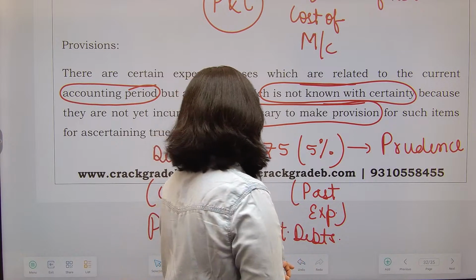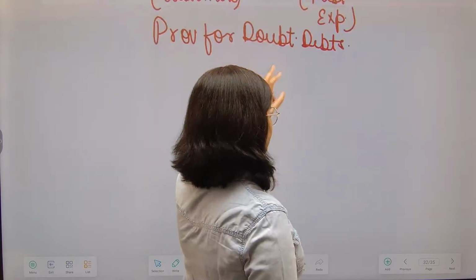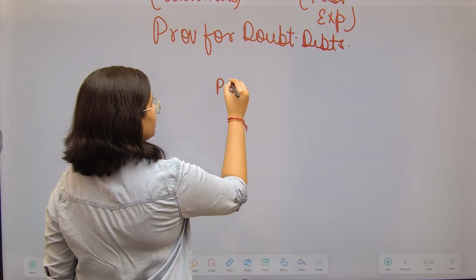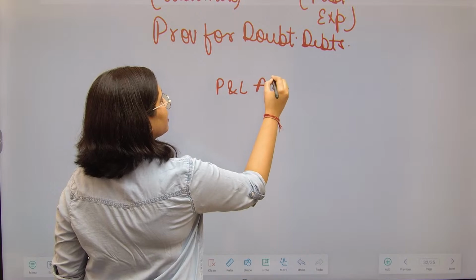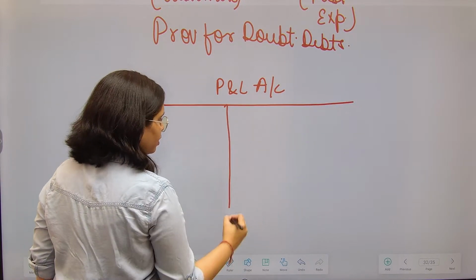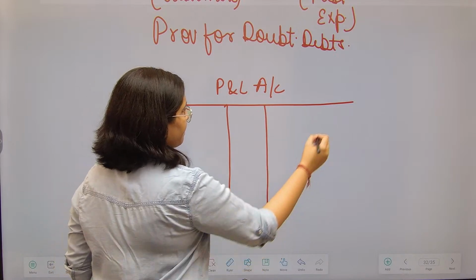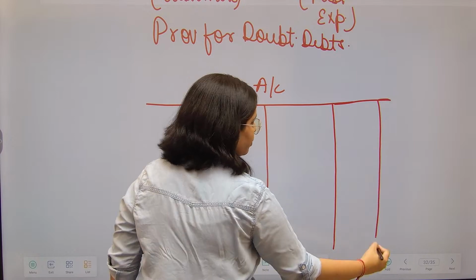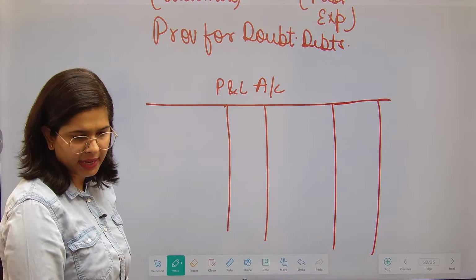Now one more thing that I want to tell you over here is, see, this is your P&L account. Although there is a new format for the P&L account, I am using the old one in order to explain to you.